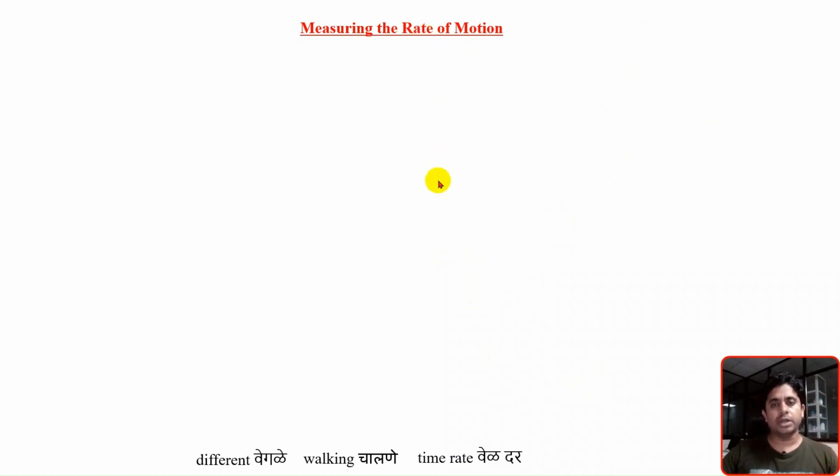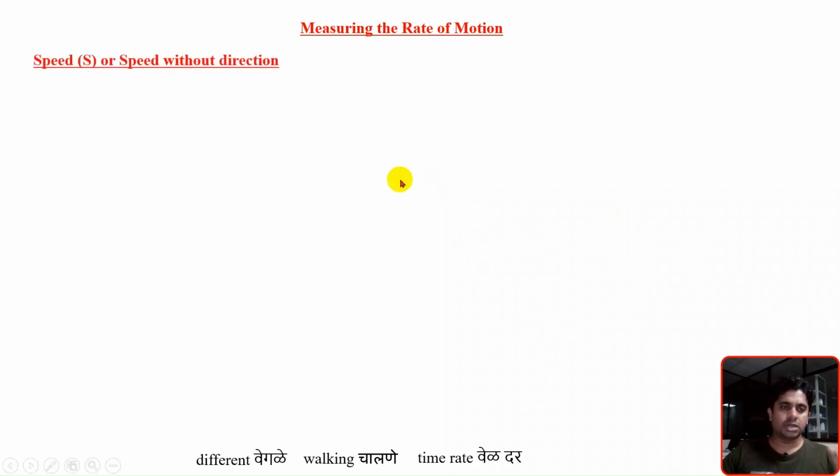First is speed without direction, and second is speed with direction. Speed with direction is nothing but velocity. In this video, we will discuss speed without direction, and in coming videos, we will discuss velocity, that is speed with direction.